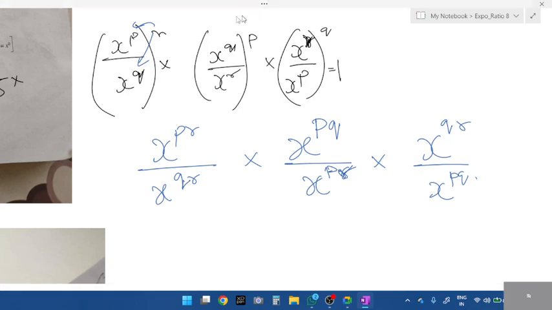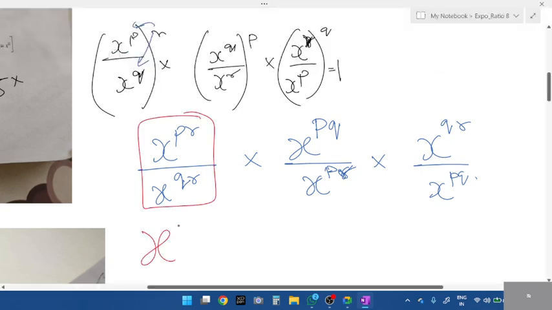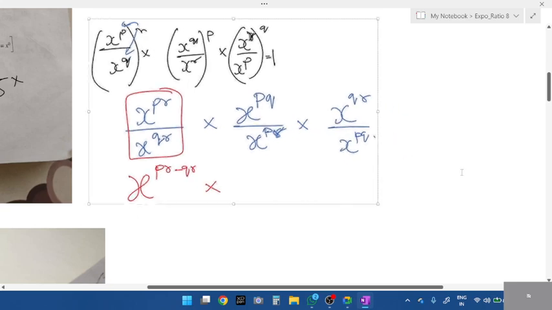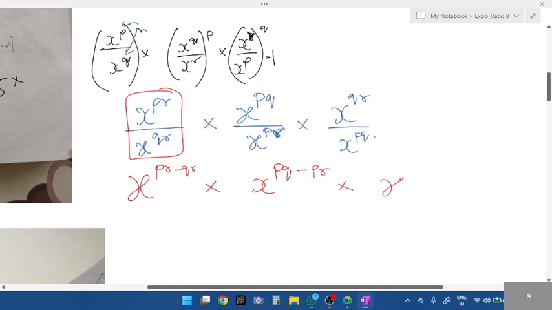Okay, when base is same and there is division, how do I write this, students? When base is same and division is given, PR minus QR into. For this, what do we write? How do I write? Unmute. PQ minus, next. For the next one, is this clear?